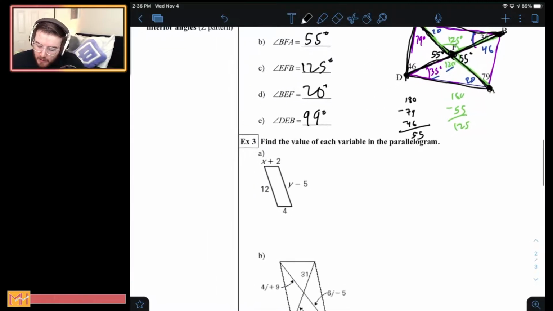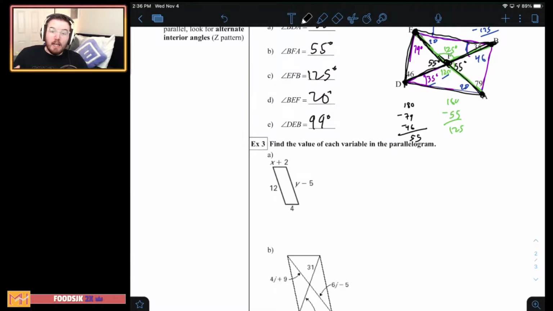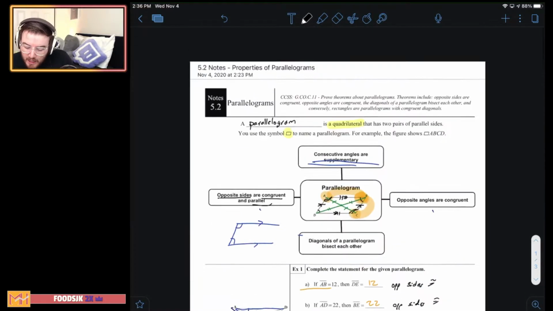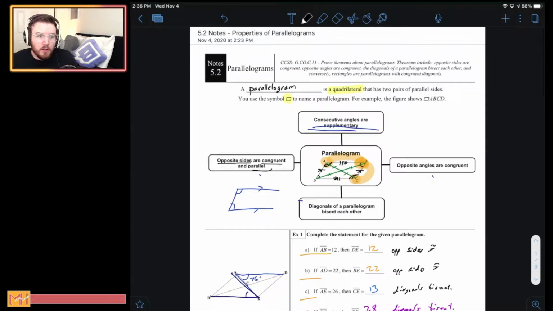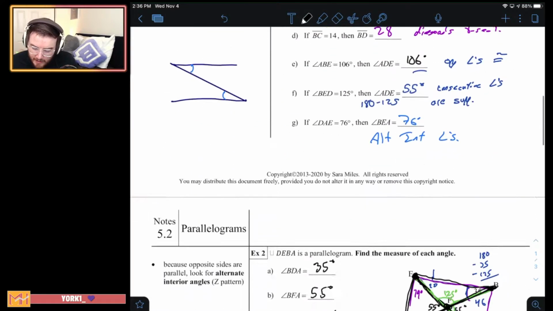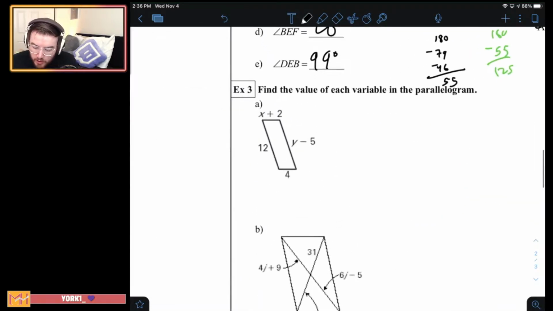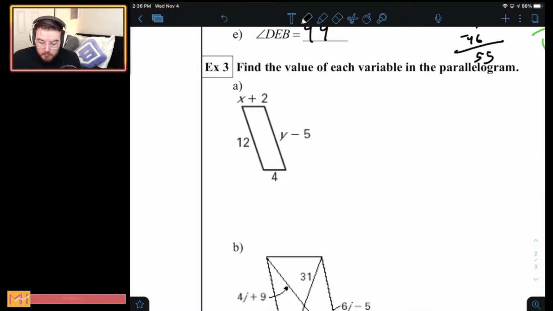All right. Last but not least, again, we're just using these facts to solve. Oh, this is equal. Oh, this is equal. Oh, this is parallel. That's all we're doing. So when I look at this drawing, if I'm trying to solve for x and y, I know that opposite sides are congruent in a parallelogram.